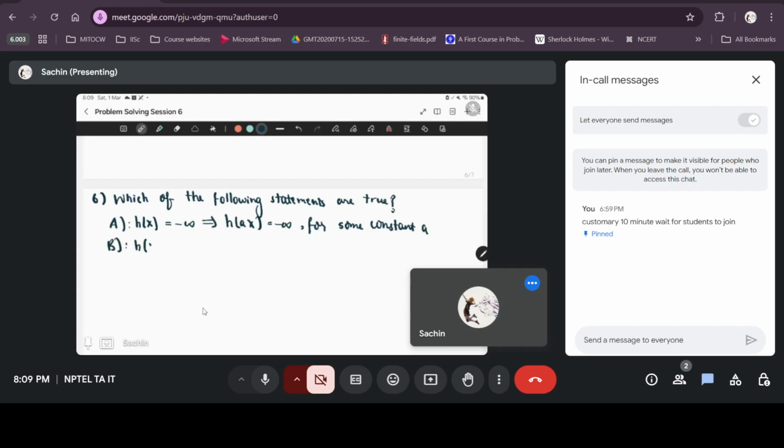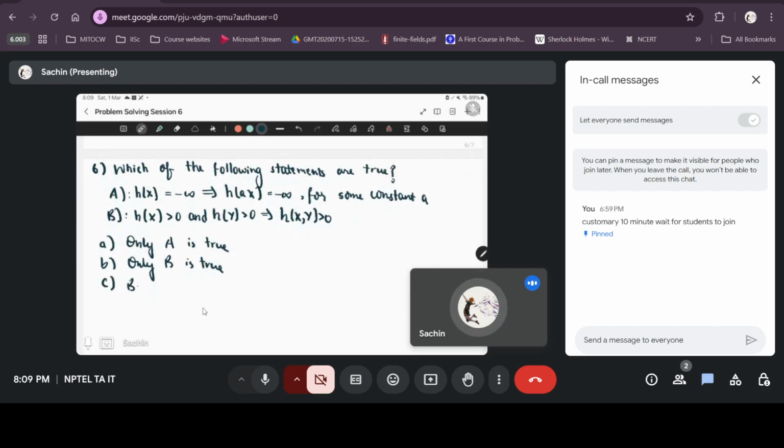B. h of x greater than 0 and h of y greater than 0 implies h of xy greater than 0. Option A, only statement A is true. Option B, only statement B is true. Option C says both A and B are true. Option D says both A and B are false.